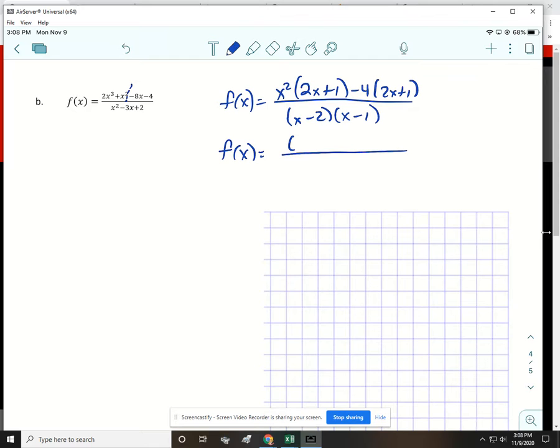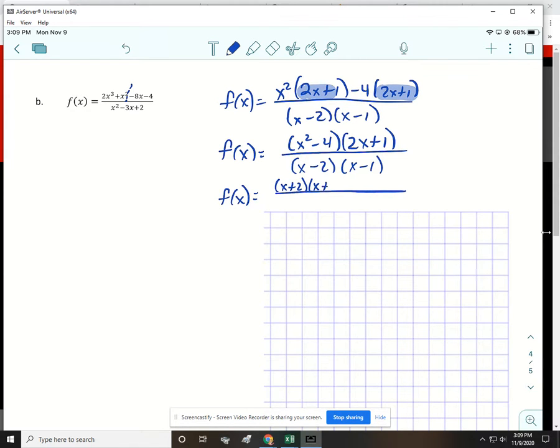All right, so on my numerator, they both have an x plus 2. So what I factored out is one of my factors, and then 2x plus 1 is my other factor. So right now it looks like nothing will cancel, and that's possible, but the x squared minus 4 is a difference of squares that will factor again.